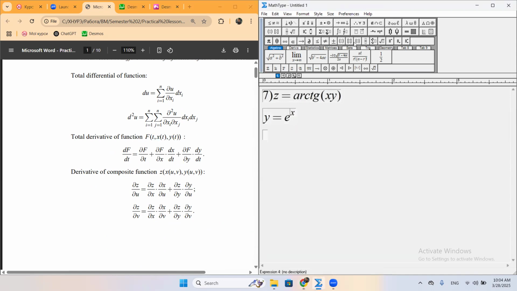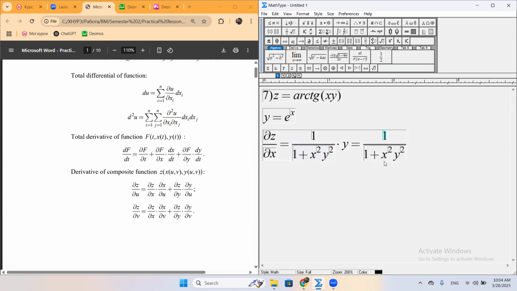So firstly, we need to find the partial derivative of z by variable x. So dz by dx equals 1 over 1 plus x squared y squared, multiplied by y. So actually we have y over 1 plus x squared y squared.